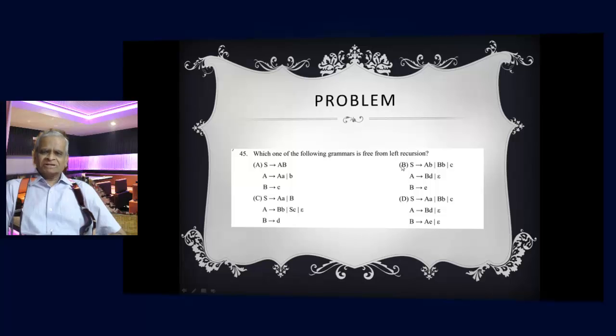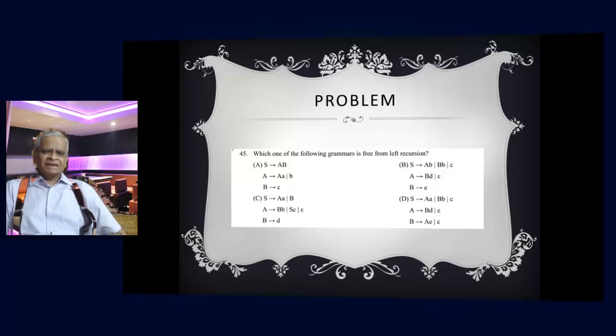Let us come to choice B. The left-hand side of this rule is capital letter S, capital letter A for the next rule, capital letter B for the third rule. The left-hand sides of the rules are all capital letters, non-terminal symbols. So B is a context-free grammar. Let us consider C. C is also a context-free grammar.